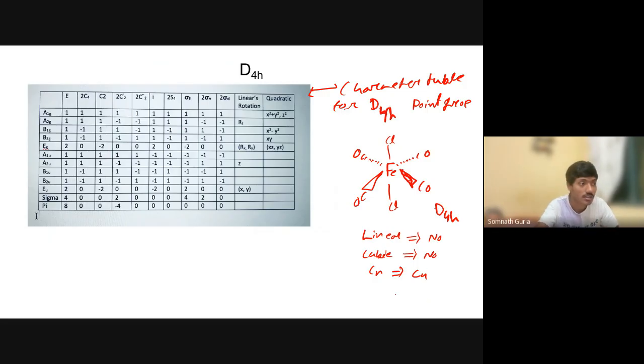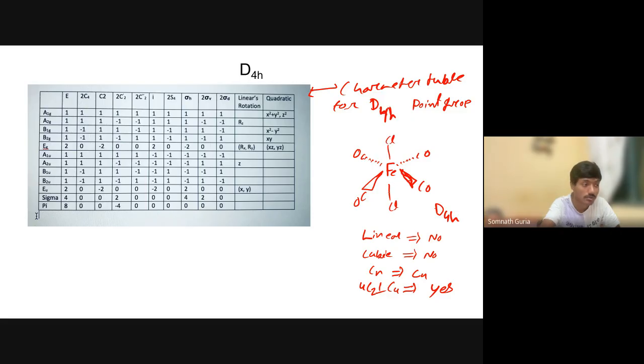C4 is that. Is there any C2 perpendicular to the C4 axis? Yes, all are in this direction over here, this direction over here, this direction over here, this direction over here.